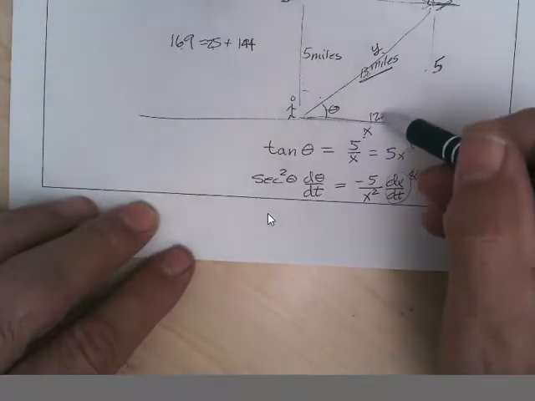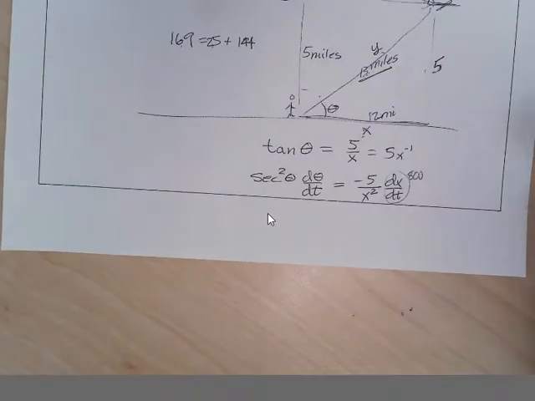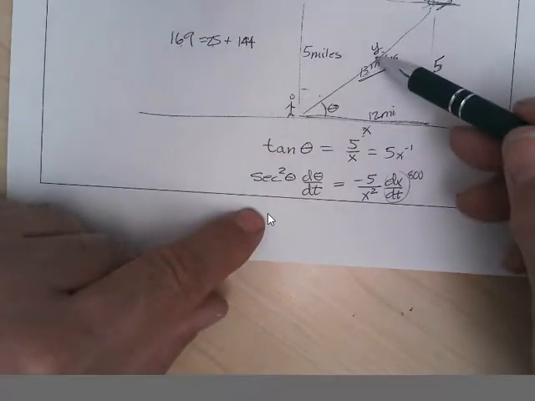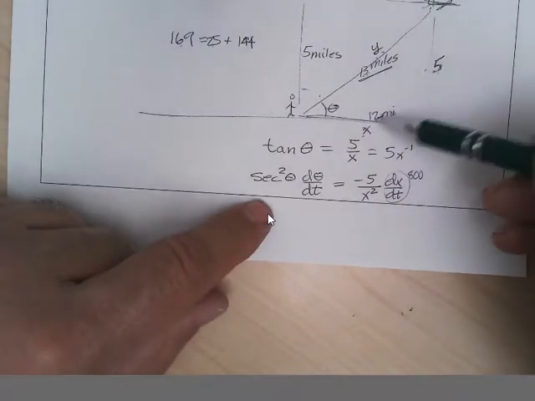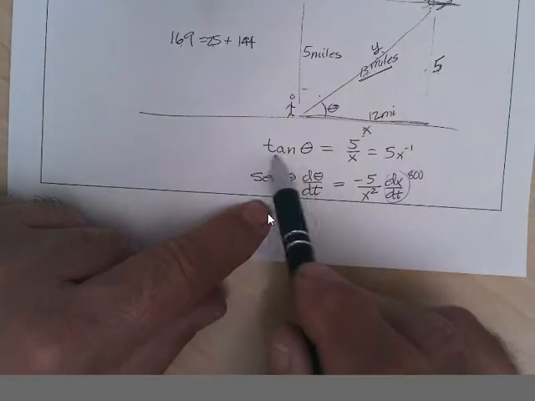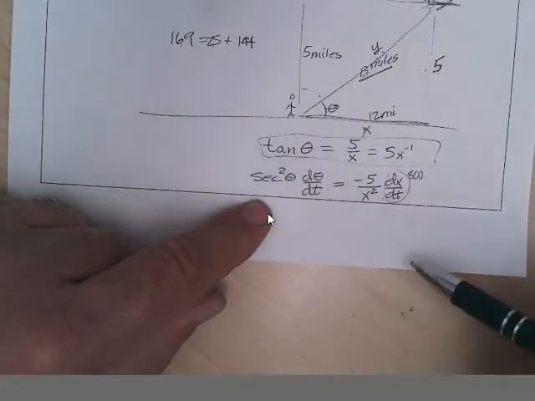So this happens to be 12 miles. Using Pythagorean theorem to figure that out for at this particular instant. We can't use this when we're setting up the relationship, but we can use it to figure it out for a particular time.